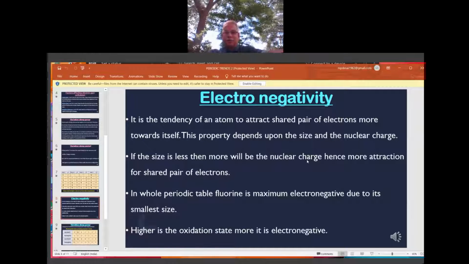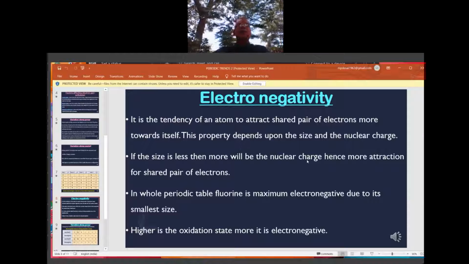But in the case of H2 or Cl2, where both atoms are similar, take the Cl2 molecule. Between the two Cl, a bond is there, and there also two electrons are there. But both are Cl, so both have the same ability to withdraw.